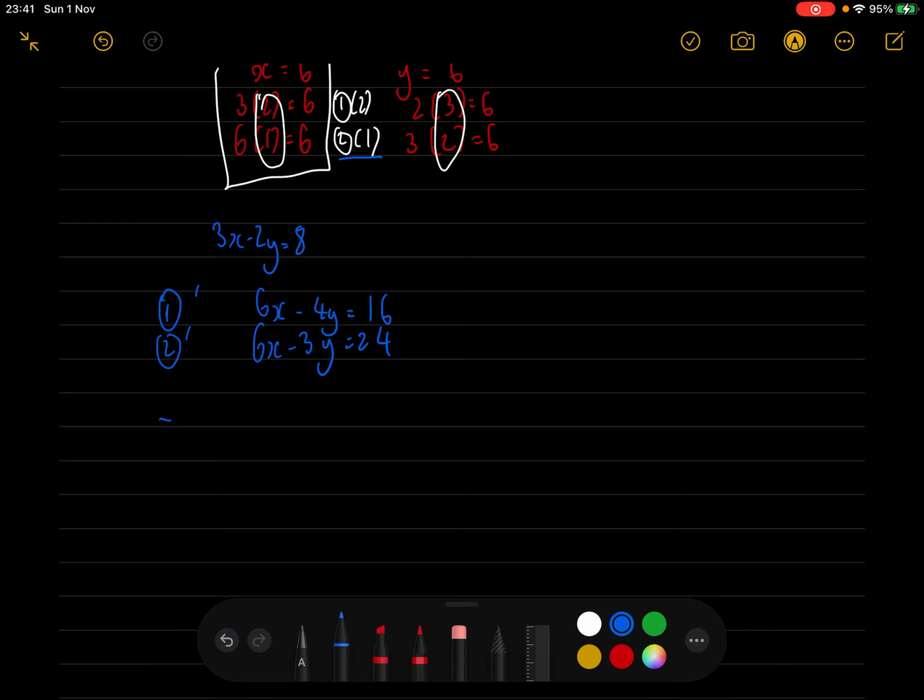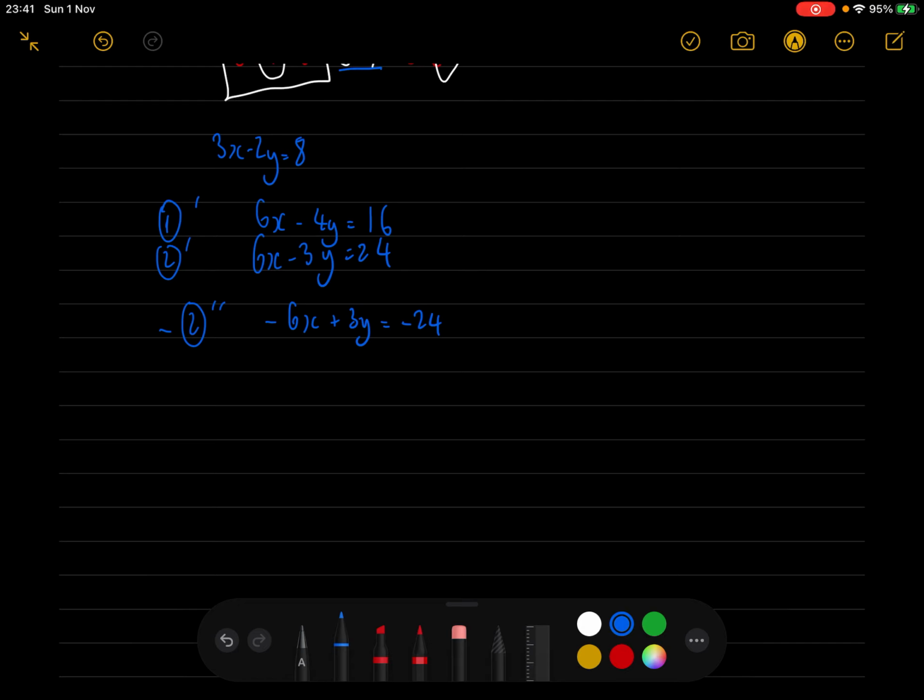Now we're going to put the negative sign on equation 2 to get equation 2 double prime. Therefore, that's going to give us negative 6x plus 3y, which is equal to minus 24. Now what we're going to do is 1 prime minus 2 double prime. That means 6x minus 4y equals 16, minus negative 6x plus 3y equals minus 24.